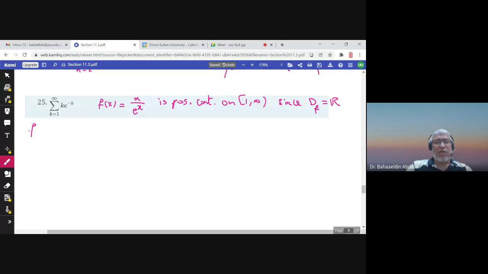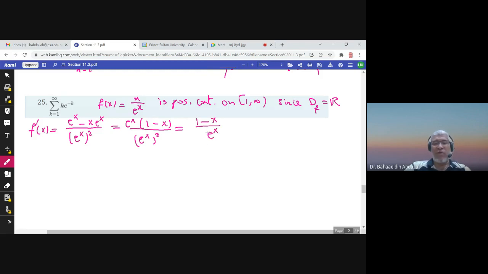So let me check the derivative. Let me use the quotient rule. I can use the product rule, it's no problem. e^x times the derivative of x, which is 1, minus x times e^x. Well, I can take e^x as a common factor and cancel it with one of the two below. So the answer actually is (1 minus x) over e^x.